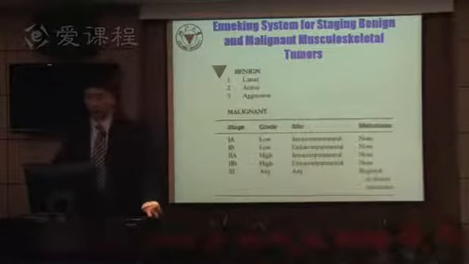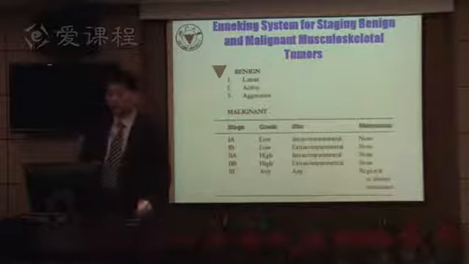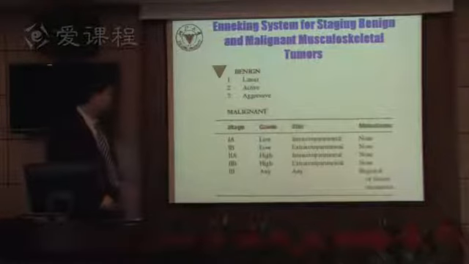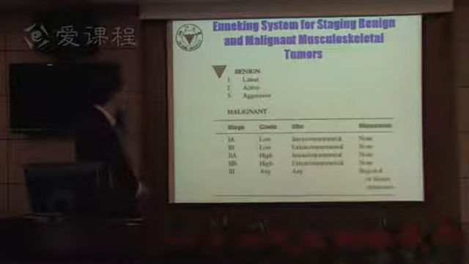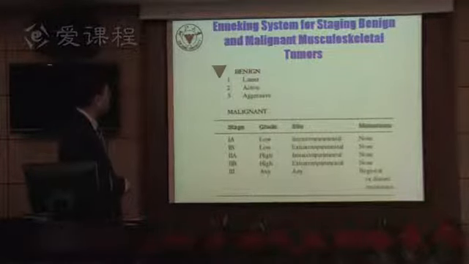We also have other classification systems, for example, the Enneking system for staging benign and malignant musculoskeletal tumors. We can divide tumors into benign and malignant ones. A benign tumor could be latent, active, or aggressive.